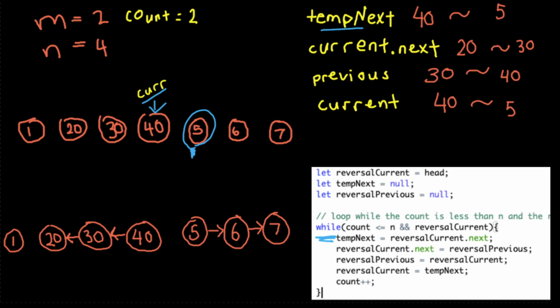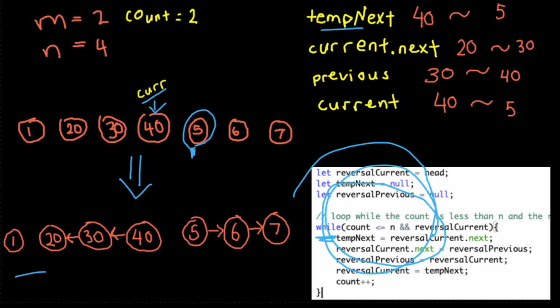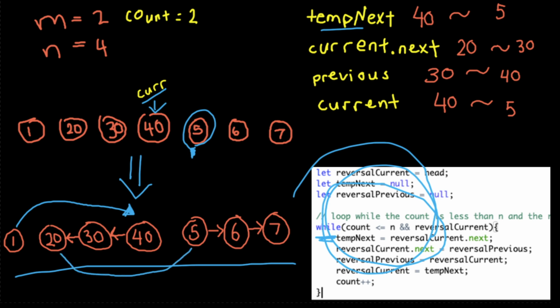Because when you finish what you're doing in this particular while loop right here, you end up with this thing. And then you have to manually say, oh, okay, well, then 1 needs to point to 40, right? And 20 needs to point to 5.